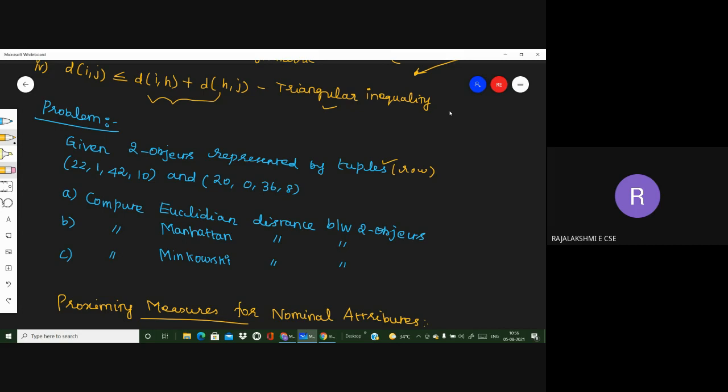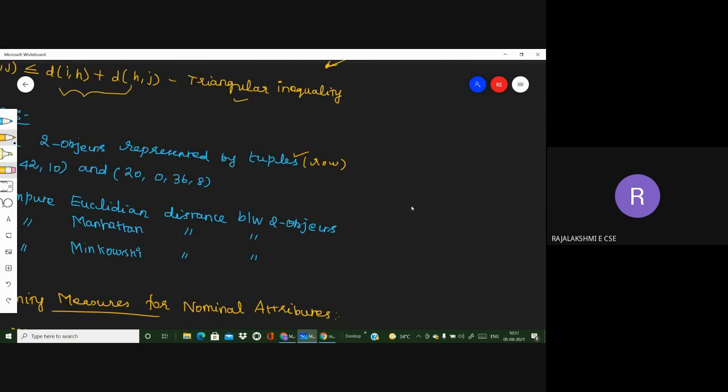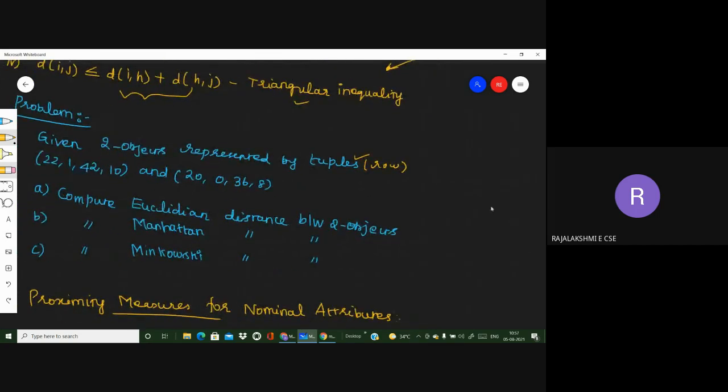So two objects' values are given: 22, 1, 42, 10 and 20, 0, 36, 8. Compute the Euclidean distance between these two objects, the Manhattan distance between these two objects, and the Minkowski distance between these two objects. Come on, what is the formula for the Euclidean distance? Tell me. Euclidean distance formula, and now I'm calculating this Euclidean.